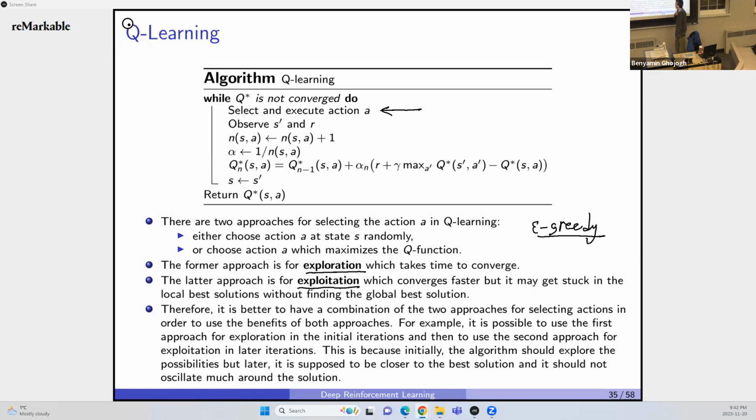Another thing that we can do is say that in the initial iterations, let me explore, because I don't know the solution. Let me choose random actions. But gradually, in the later iterations, let me exploit only. Find the best, because I'm supposed to get close to the actual solution, so let me not oscillate a lot around it.